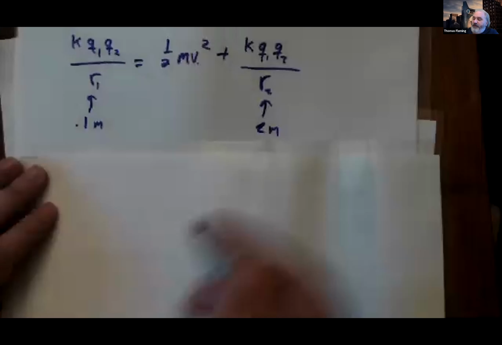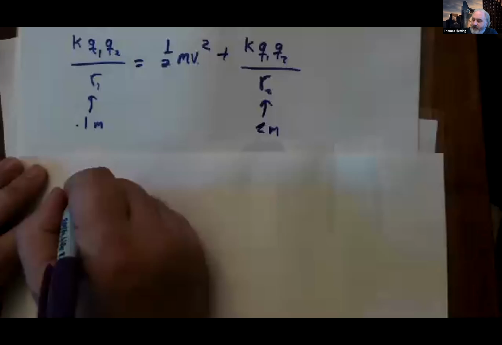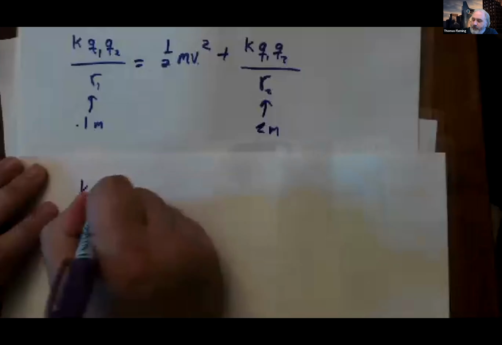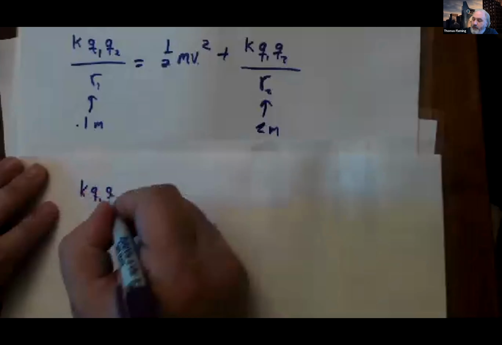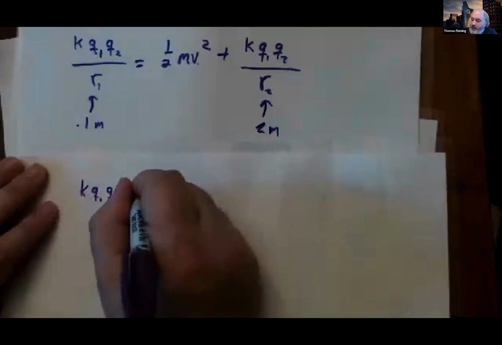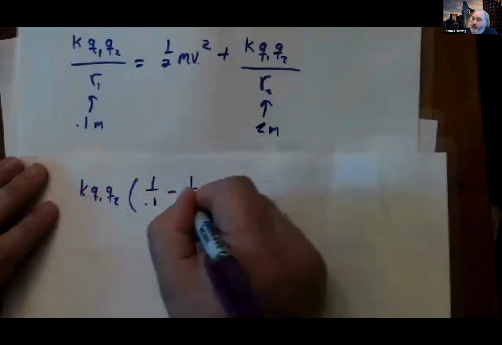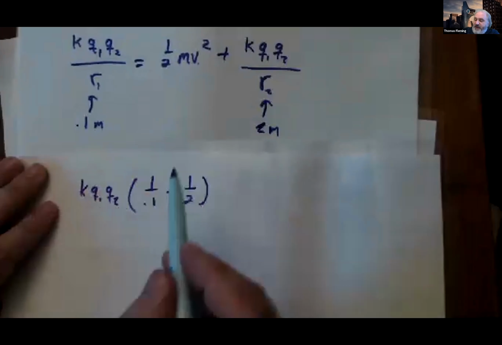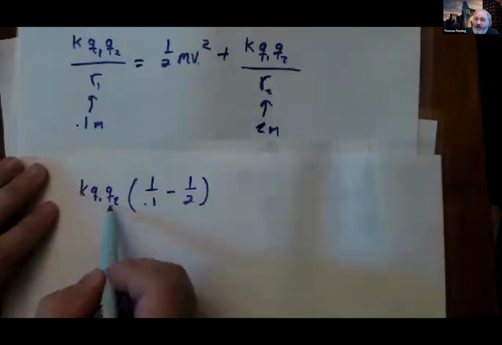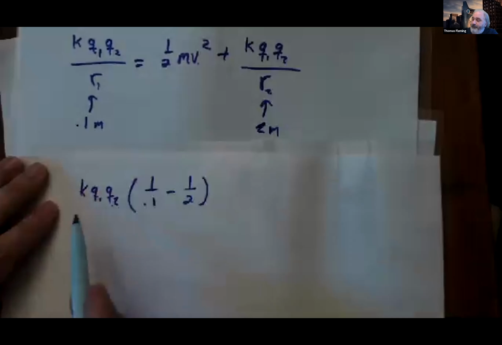So I'm going to move this to the other side. So I'm going to have K Q1 Q2 times 1 over 0.1 minus 1 over 2. All I did was I took the K Q1 Q2 that both of these terms had in common and I factored it out.